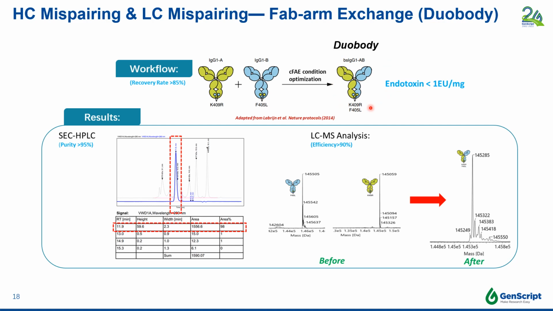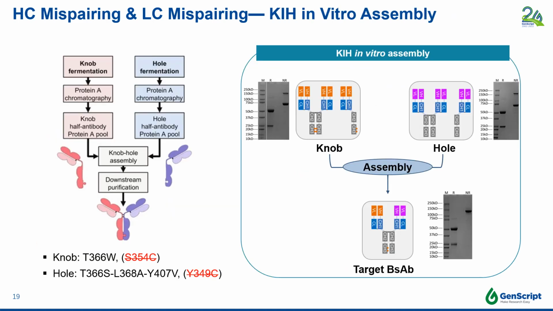The only problem for this method is that the oxidation may take 1 to 2 weeks or even longer. Knob-in-hole in vitro assembly has a similar process. Here you can see one knob and hole are expressed and purified separately.